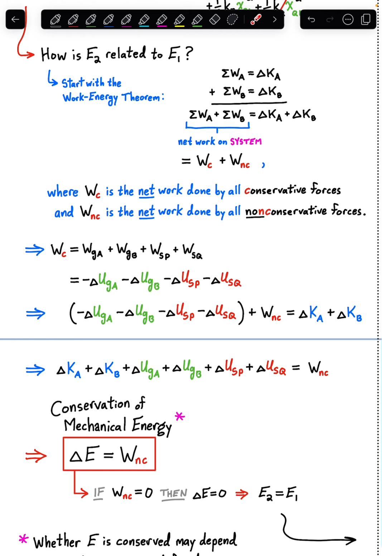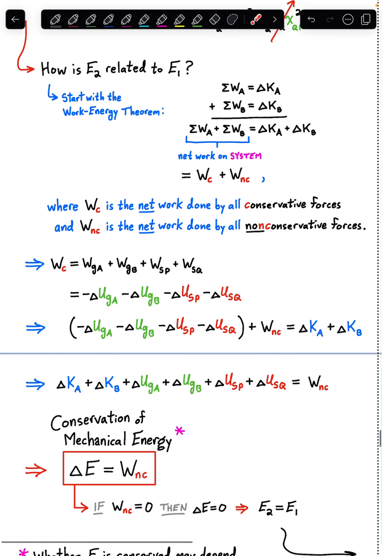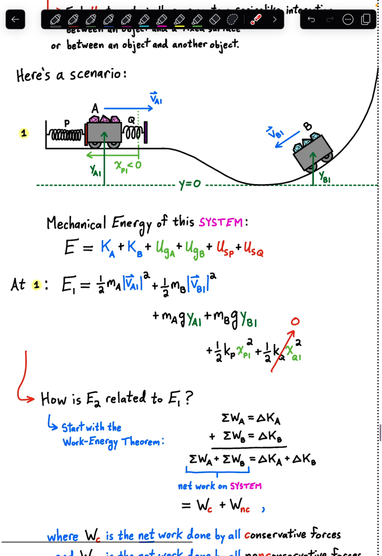And in particular, if the work done by non-conservative forces happens to be zero, then delta E is zero between those two moments, which would mean that E final equals E initial. And that's the answer to our question above. How might the final mechanical energy be related to the initial mechanical energy?